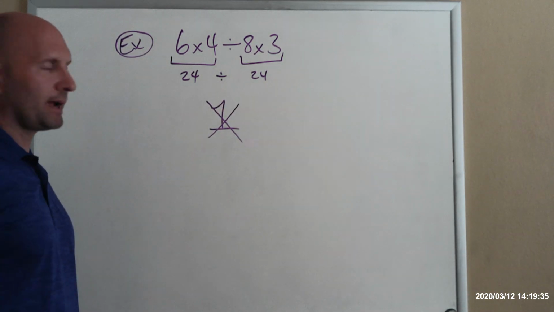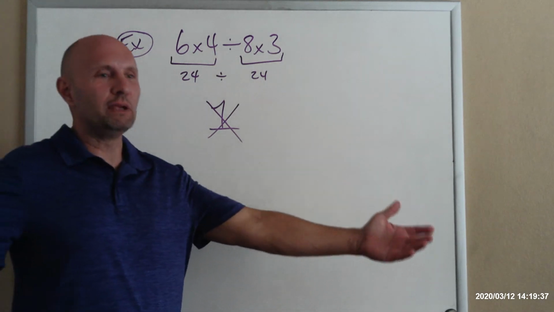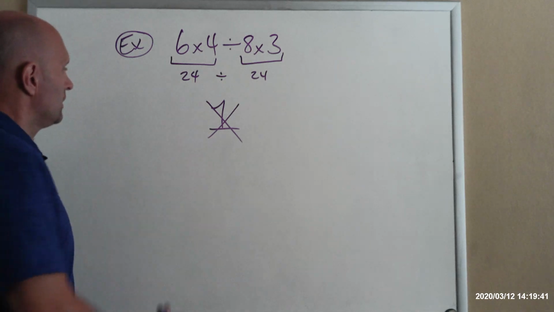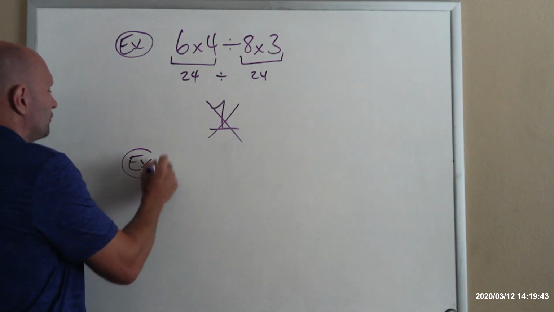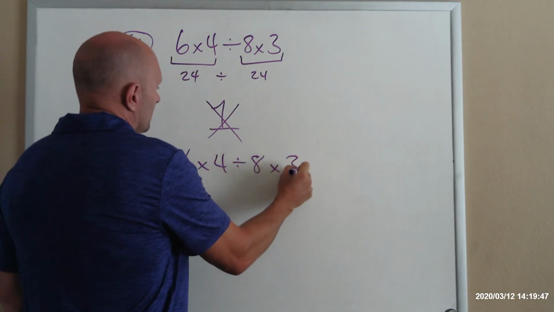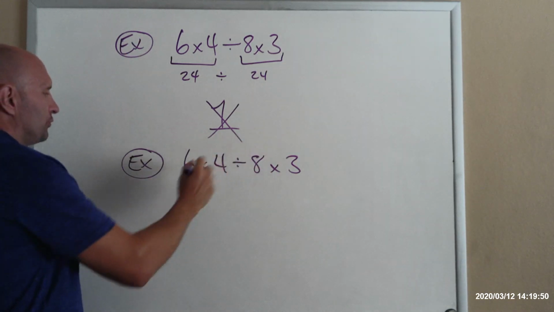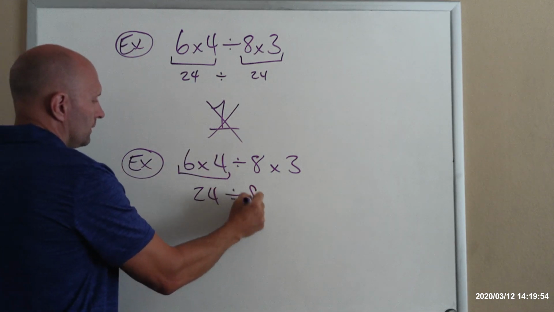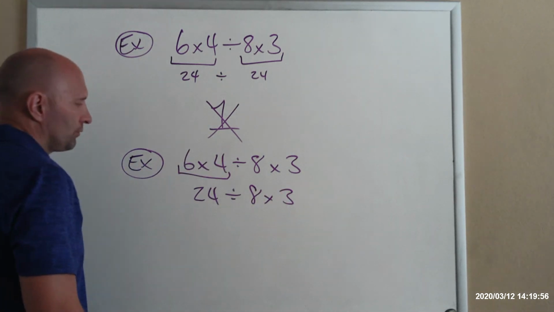It's not correct. And again, half of social media is going to say the answer is 1 and they're adamant about it. They're wrong. Because we have to go left to right. So when we do that, move left to right, we have multiplication. 6 times 4 is 24, divided by 8 times 3.